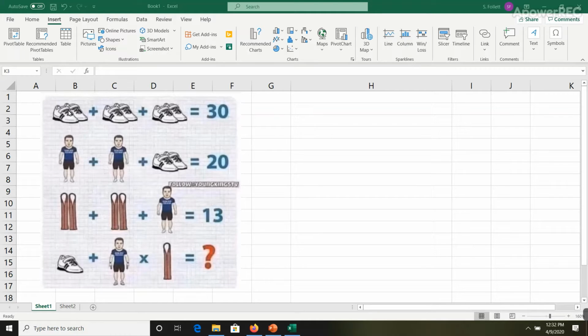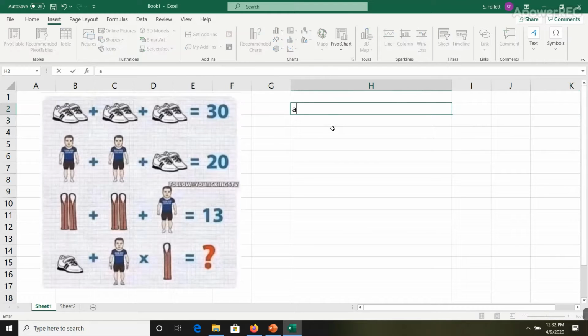I'm going to let each sneaker, instead of calling it a sneaker, I'm going to call it A. So what we would have then is AA plus AA plus AA equals 30. Now AA is just A squared, right? So I got 3 of these, so it'll be equal to 3 times A squared is equal to 30.